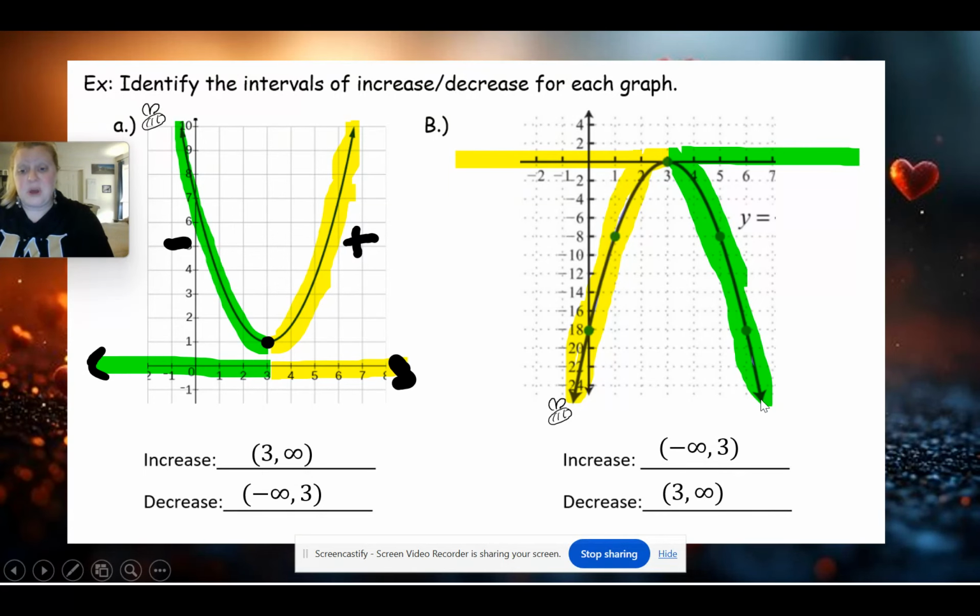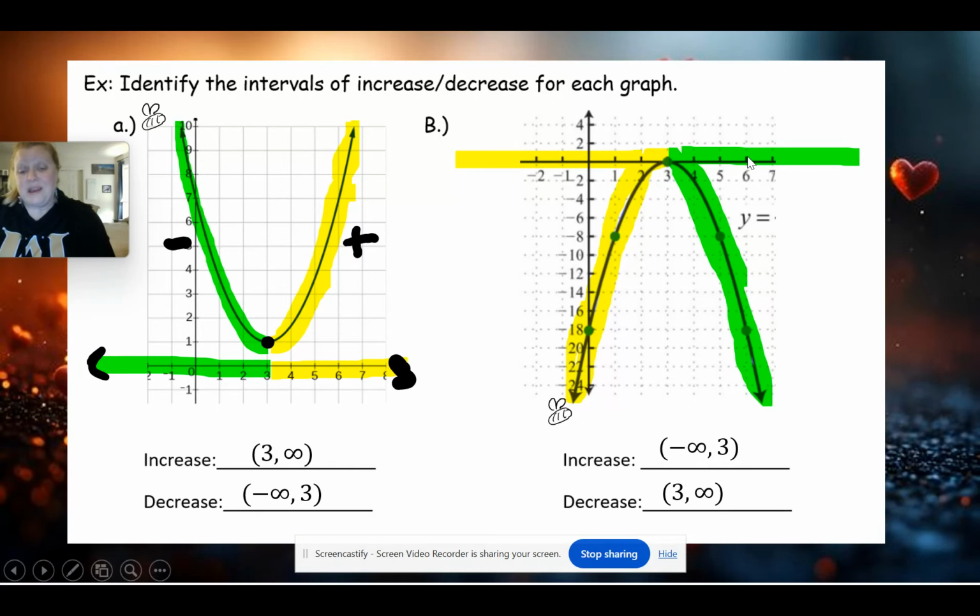This is the most commonly missed question that we see. Kids will see this downward arrow and they think they should write negative infinity. The downward arrow just means decrease, so that's covered. Your job is to tell me the section of the x-axis that goes downhill. So yeah, it is going down forever, but it's also going right forever.